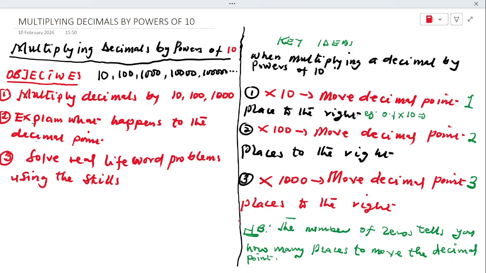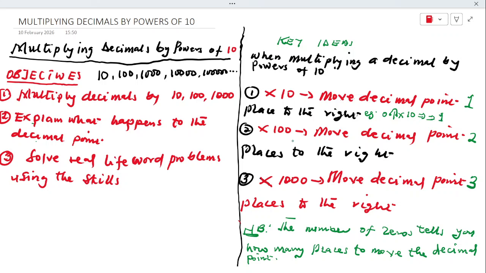So this is telling you that you move the decimal because it's having one decimal place and you are multiplying by 10, you move the decimal point once to the right. So you stand on the decimal point, you move to where? 1. So it tells you that 0.1 times 10 is giving you the answer as what? 1. I hope you are following.